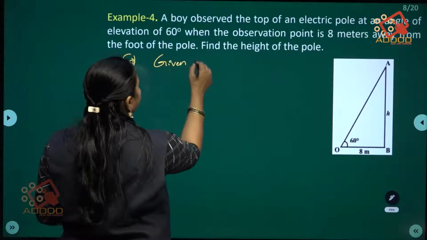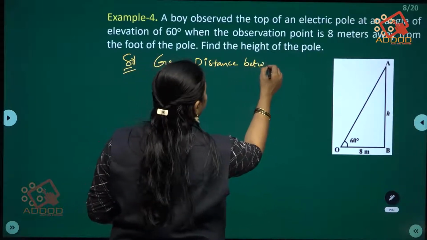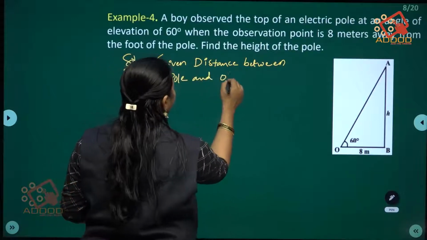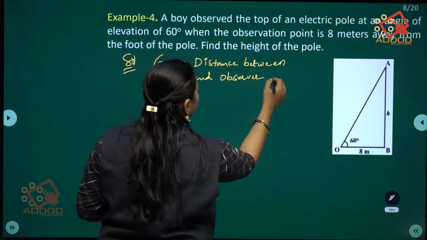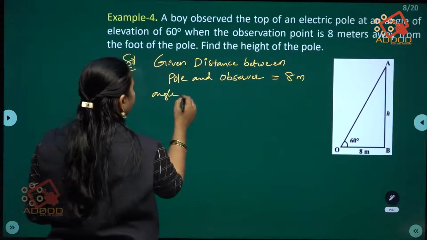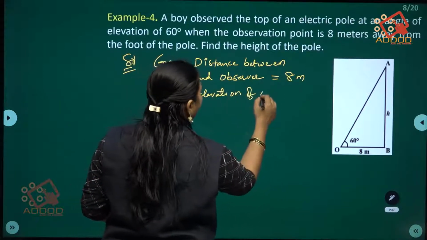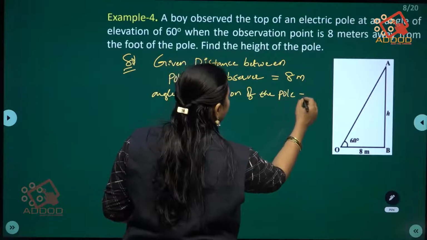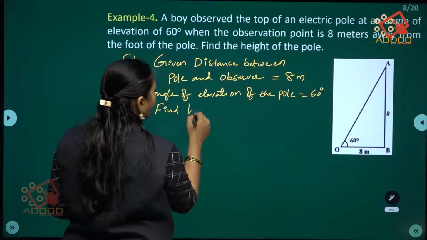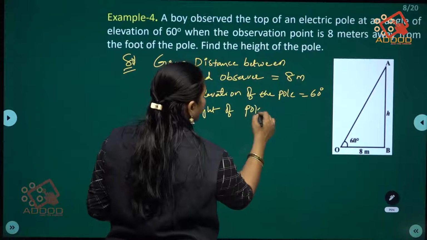Given distance between pole and observer is equal to 8 meters, and angle of elevation of the pole is equal to 60 degrees. Now find height of the pole, electric pole.